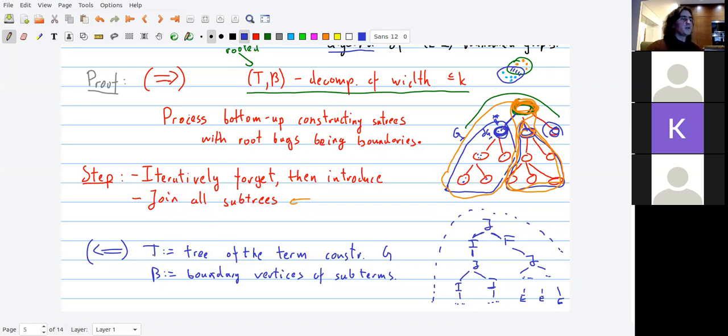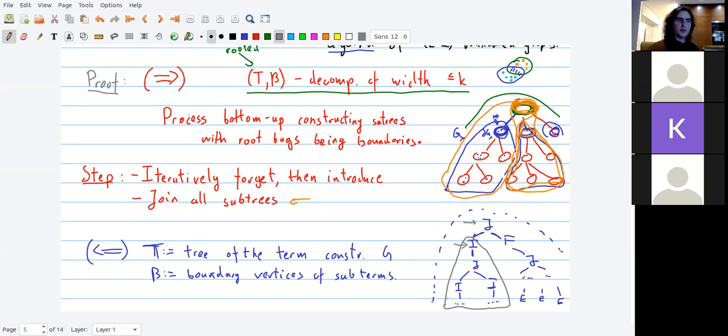And this will be exactly my tree decomposition. If I go from this construction term to a tree decomposition, the tree of the tree decomposition will be exactly the tree of this term. And to define the bags, I associate with every node, for instance this node, the subgraph, the boundaried graph that is being constructed in this subterm.